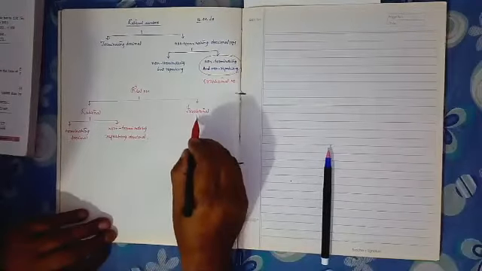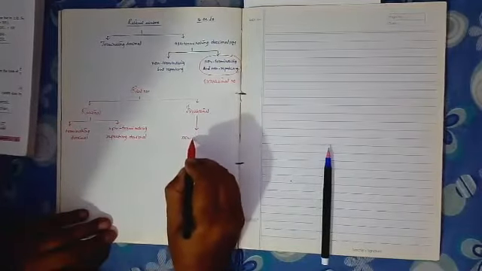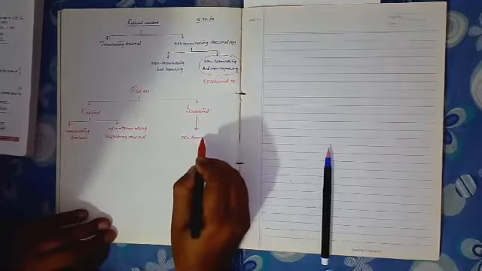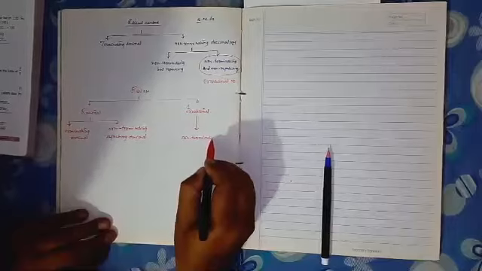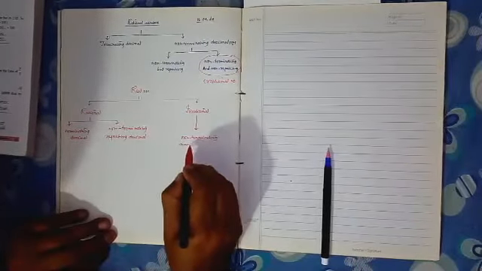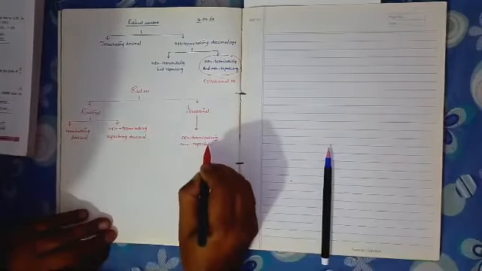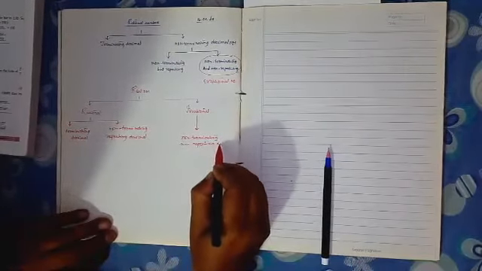And irrational number, this is non-terminating, non-repeating decimal.